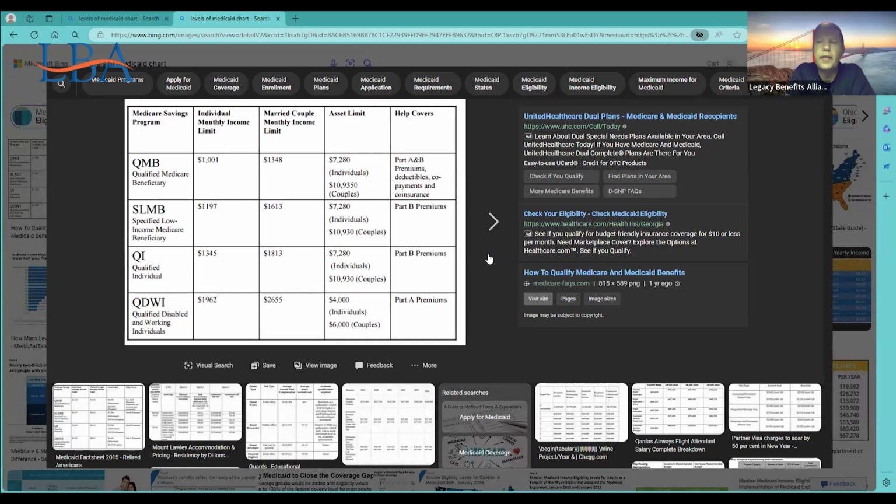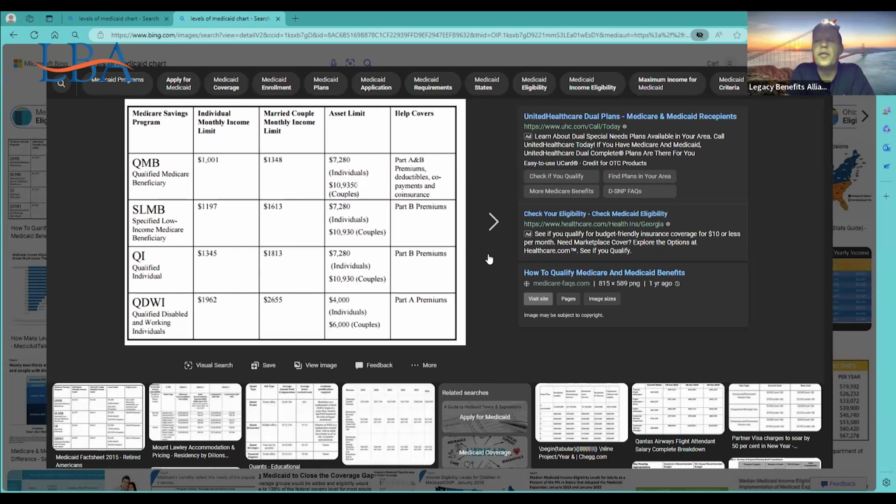The reason for that is if you go really deep into CMS and see what Medicare covers, Medicare coverage stops at the 100th day. It's not hospitalization, it's skilled nursing.